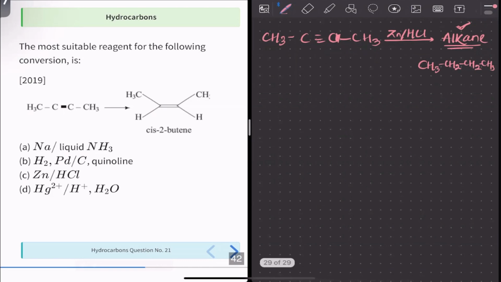If you use HgSO4 plus H plus in H2O, there will be a hydration reaction. So CH3 C C CH3 with Hg2 plus, H plus, H2O will give either an aldehyde or a ketone.